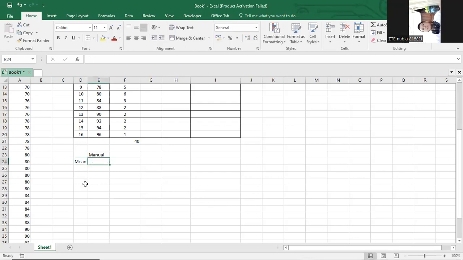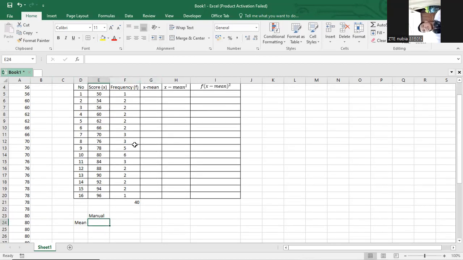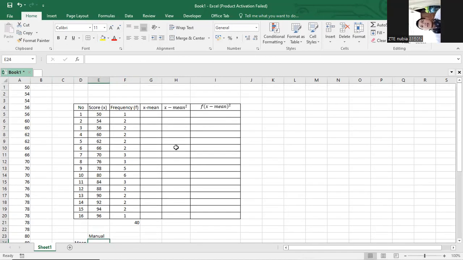How to find the mean or average, or we call it rata-rata in Indonesia, is to divide the sum of the data by the sum of frequency. How to do it? We find it first: X times F. This is wrong, it should be X times F. We just type the asterisk, then multiply by the data in the frequency column, then we drag it all the way down.